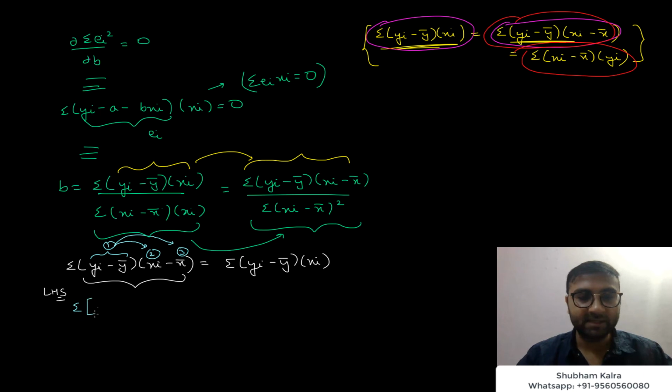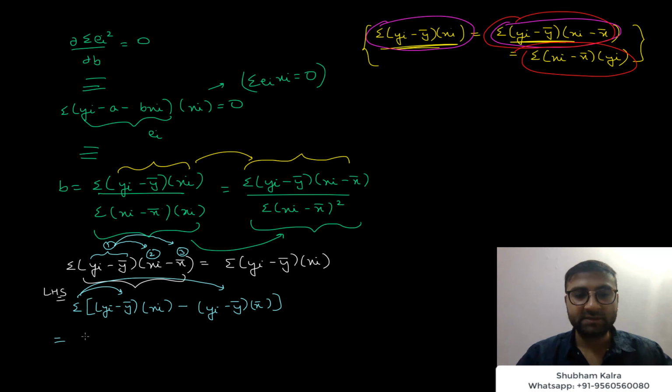So this becomes yi minus y bar multiplied by xi minus yi minus y bar multiplied by x bar, right? And then we have the summation over here. Now I can apply the summation over here and over here. So this is equal to the summation of yi minus y bar multiplied by xi minus the summation of yi minus y bar multiplied by x bar.